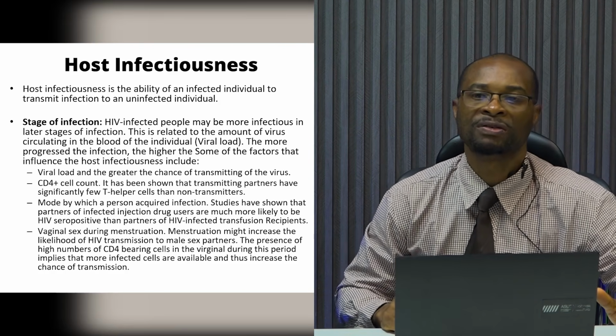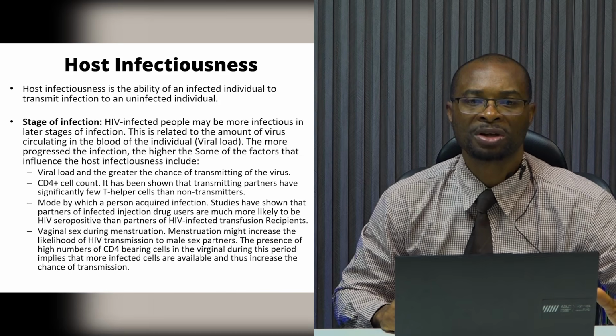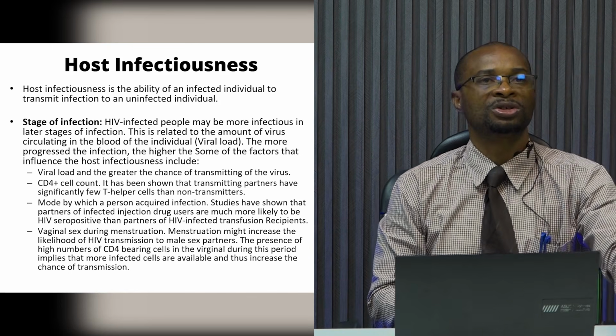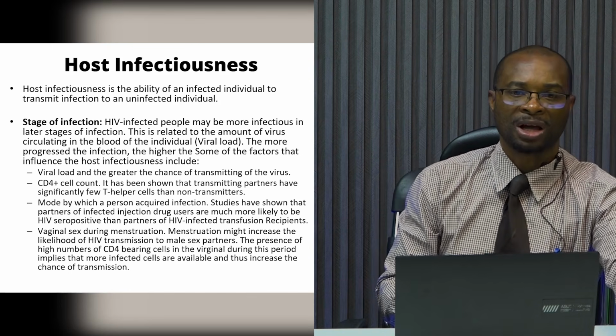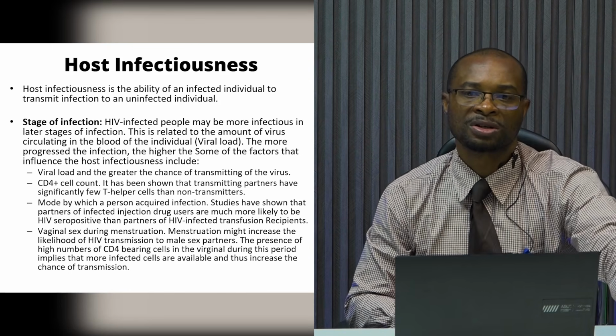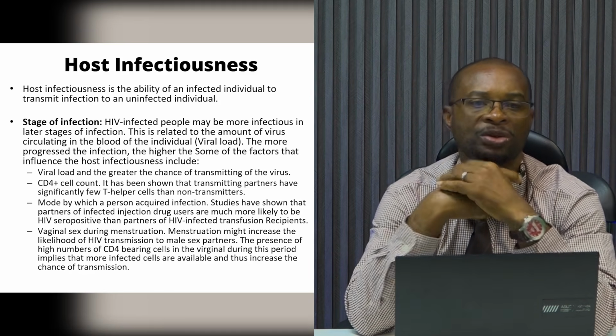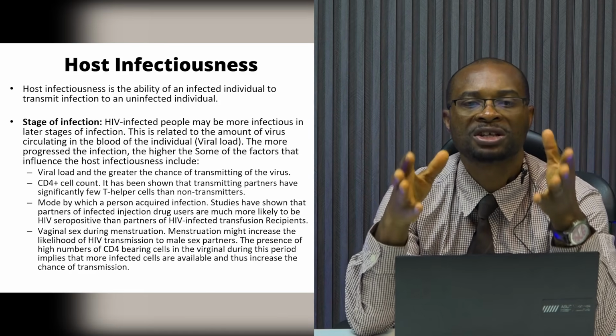What about the mode by which a person acquires the infection? Can you compare somebody who took injection drugs, IV, with somebody who got it through an HIV seropositive partner? Then we talk about having vaginal sex during menstruation.